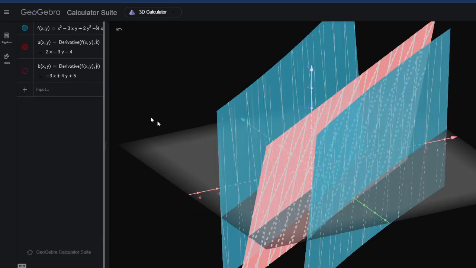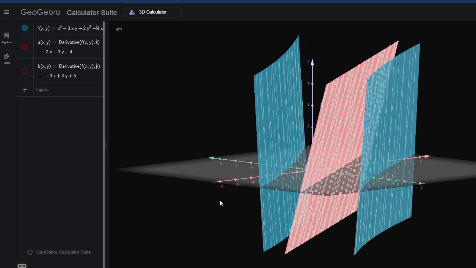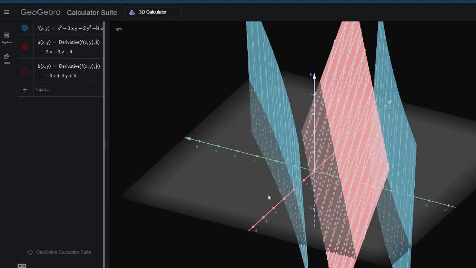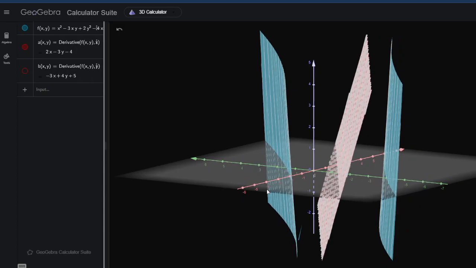Okay. So I think it would be more parabolic. I think maybe this just doesn't go down far enough to see the curves on it.